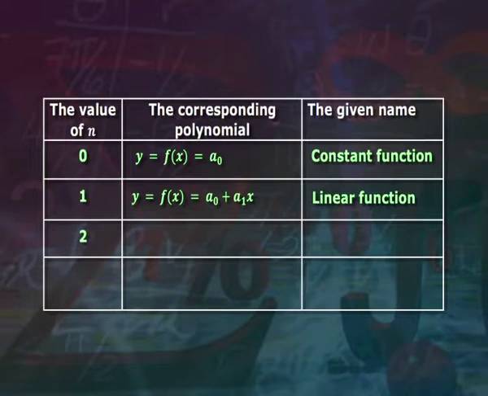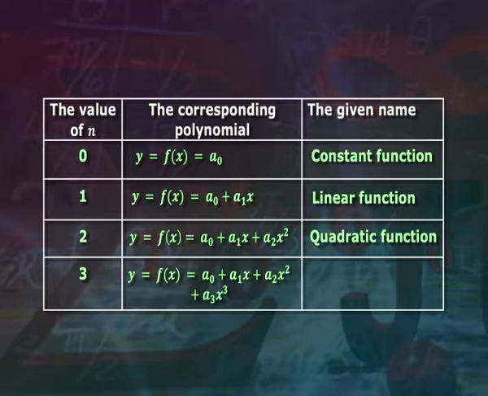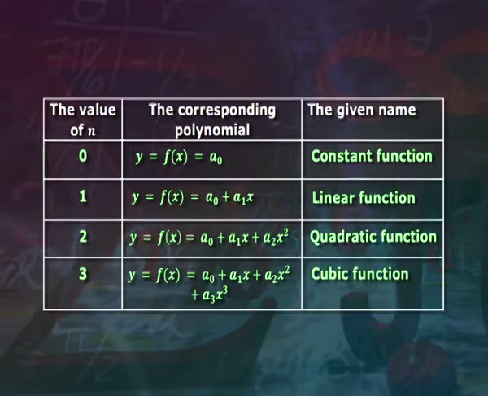When n equal to 2, we have y equal to f(x) equal to a0 plus a1 x plus a2 x square, which is known as a quadratic function. When n equal to 3, y equal to f(x) equal to a0 plus a1 x plus a2 x square plus a3 x cube is called a cubic function.